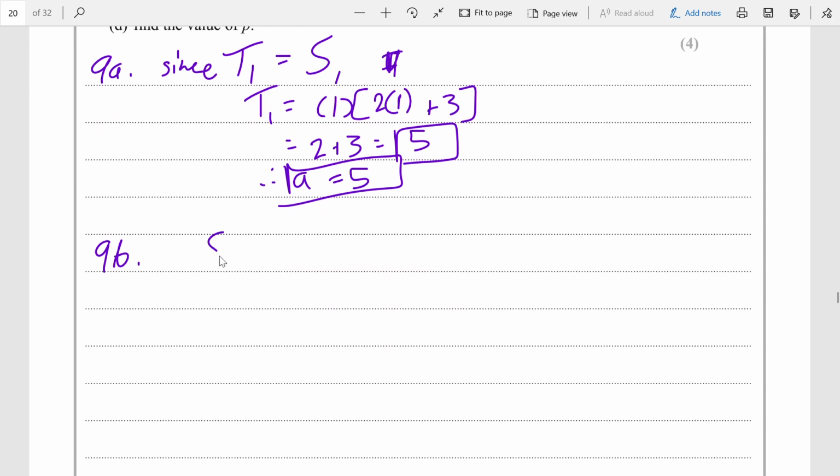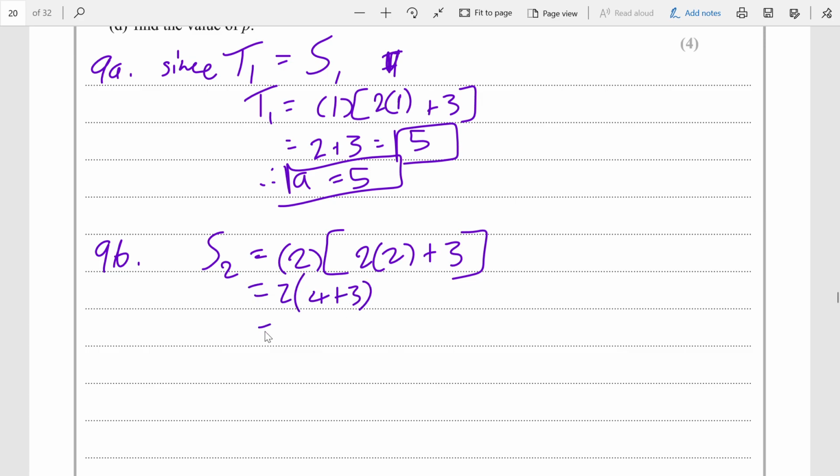Okay, so the sum to two terms is 2 times (2 times 2 plus 3). We're just using the formula they gave us, substituting 2 in for n, which is equal to 2 times (4 plus 3), or 2 times 7, which is 14.